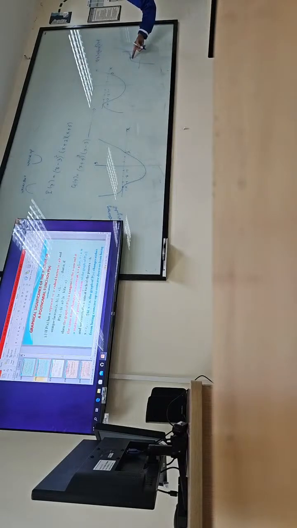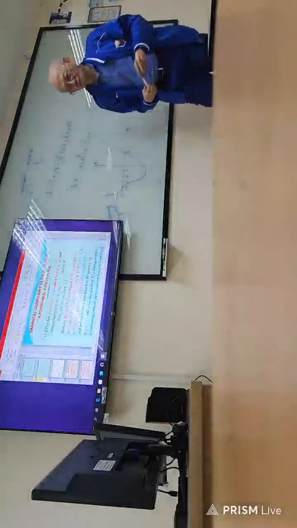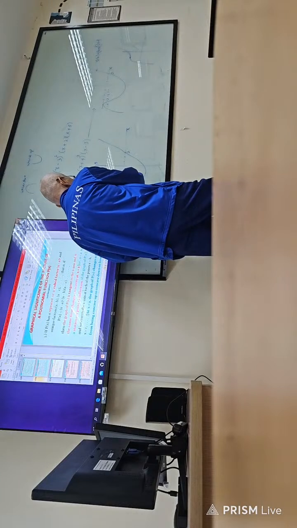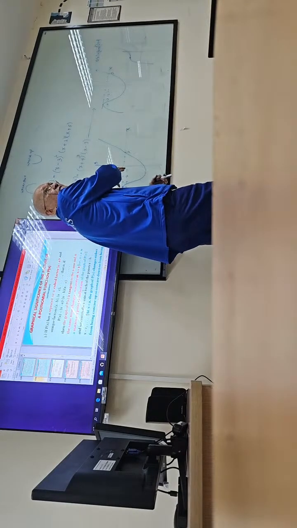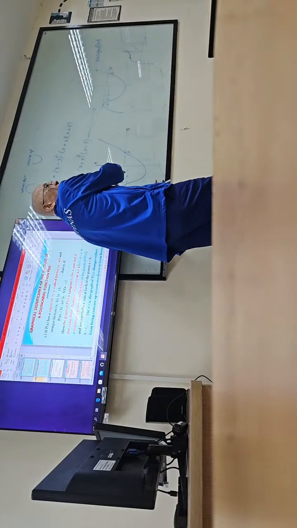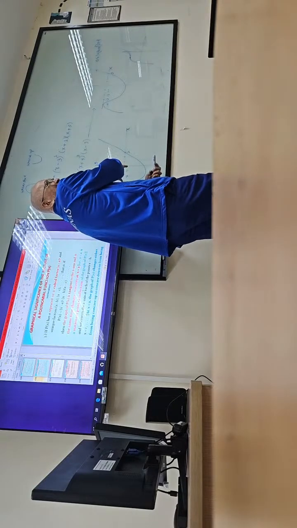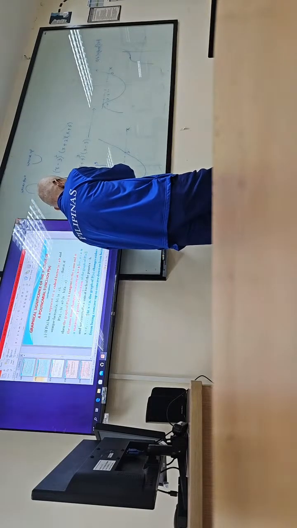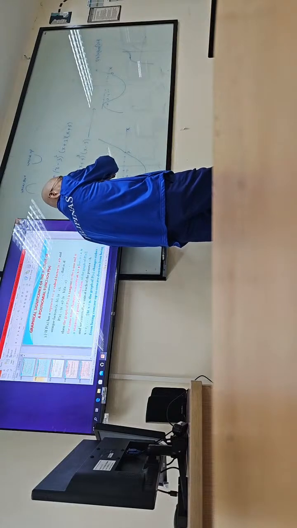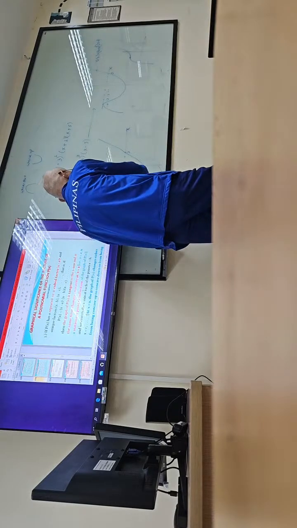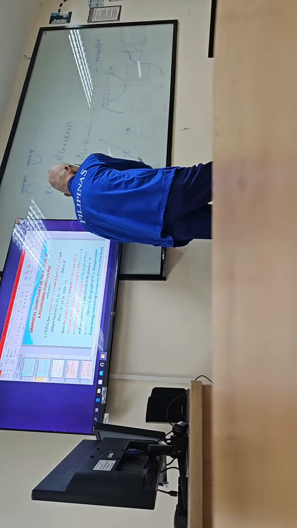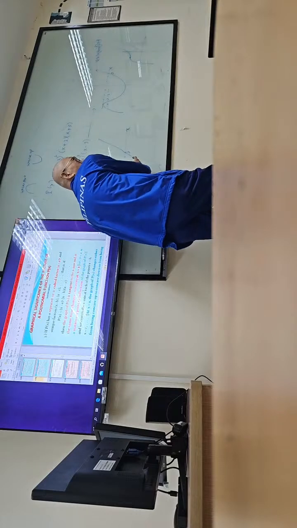From here up to that point, it's right here. Again, listen to me. From this point going to the right, the graph is concave down. Yes. All right? Look at my hand. From this point going to the right, the graph is concave down. But from somewhere here up to there, the graph is concave up.